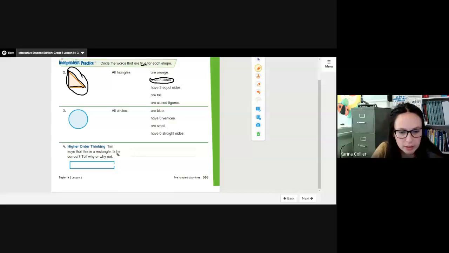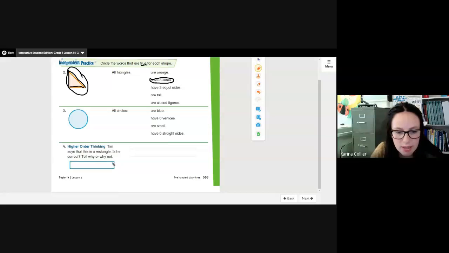Number 4, Tim says that this is a rectangle. Is he correct? Tell why or why not. So this one may be a little tricky and you might need some help writing out your answer. So Tim says that this is a rectangle. So is he right or wrong? So let's look at our rectangle together.